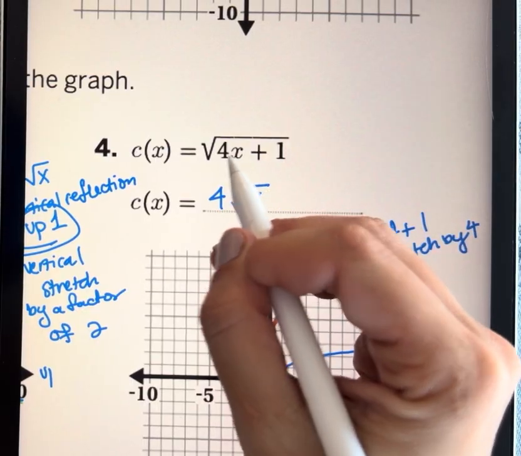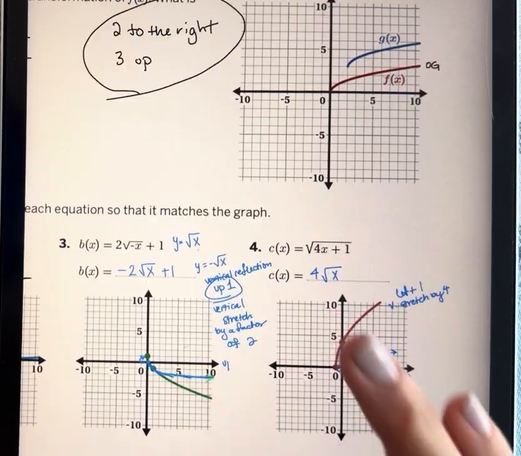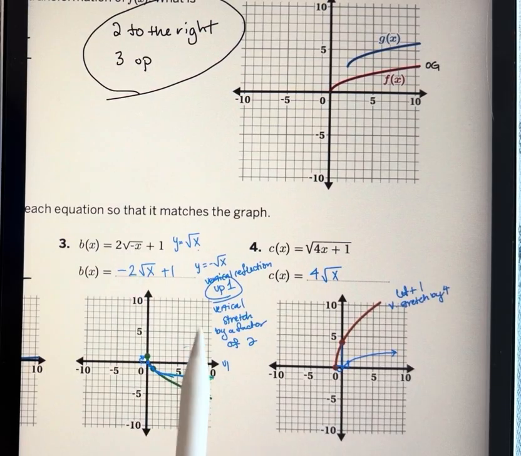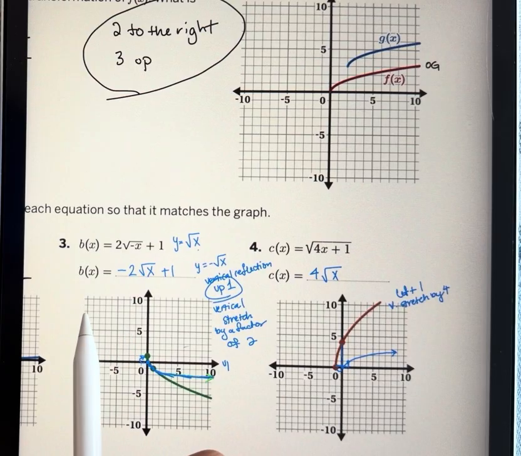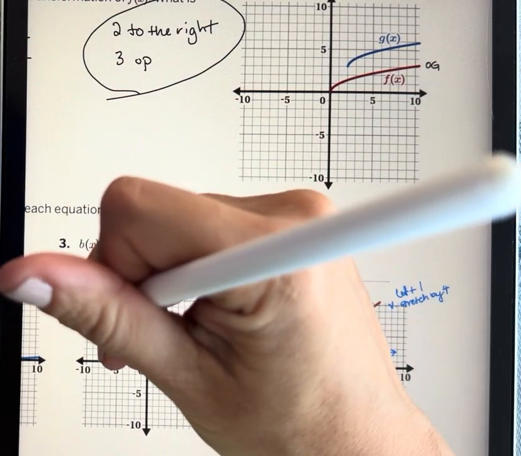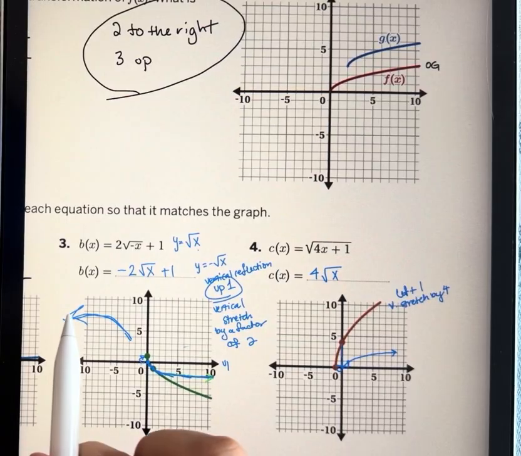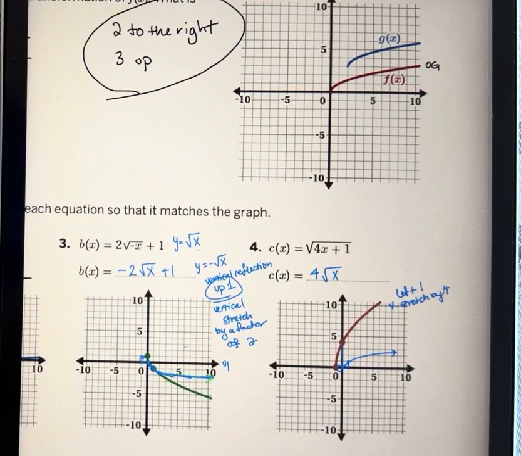So this is what they're messing up. They did it in the past too. I didn't really point it out. But they put that negative inside with x, making it a horizontal reflection. That would have been if it looked like that, if it went that way. But no, this one flipped downward, so it's vertical. So they should have had the negative on the outside.